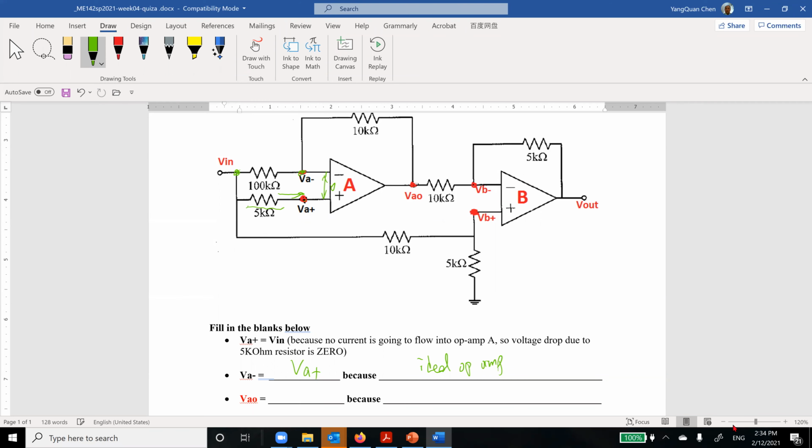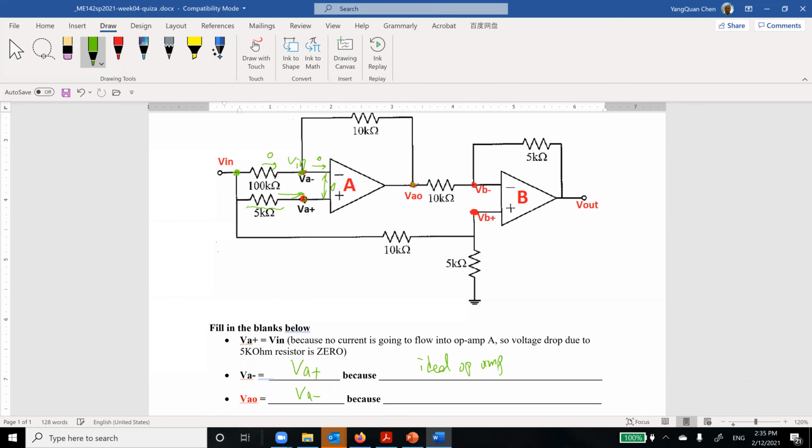So we can continue to VAO. What is VAO in here? It's also VA minus. This guy and this guy are the same. Why? Because there's no current in here, and this is actually V in. VA minus is VA plus is V in. So V in and this is also V in, so the current here is 0.